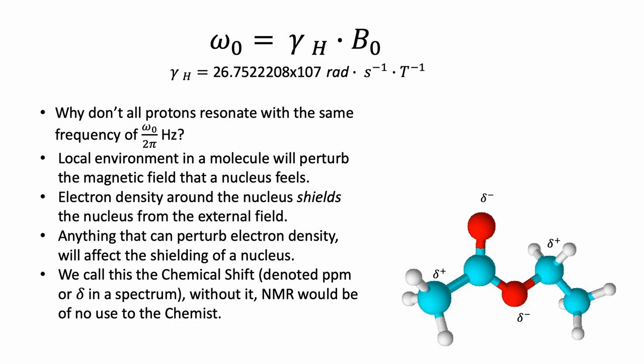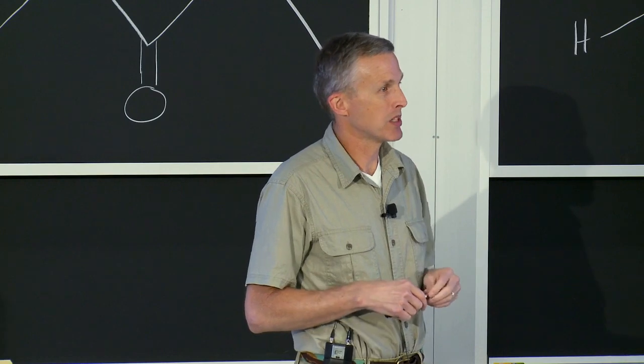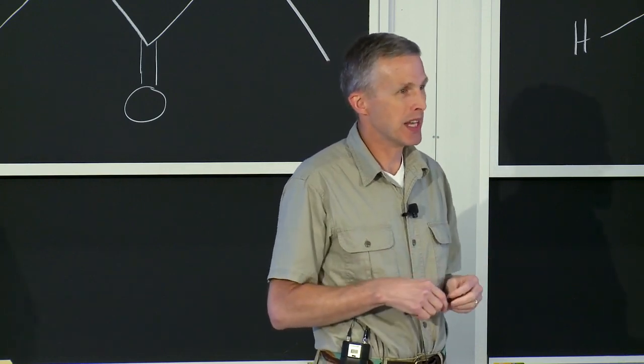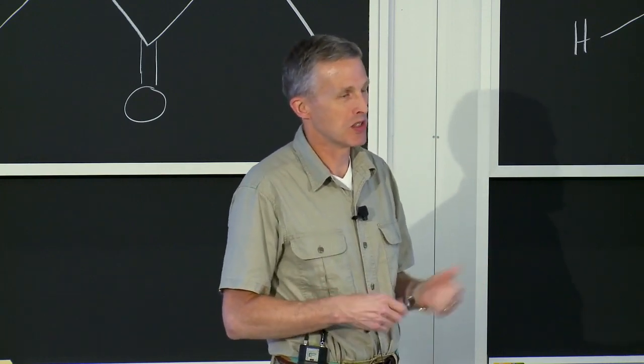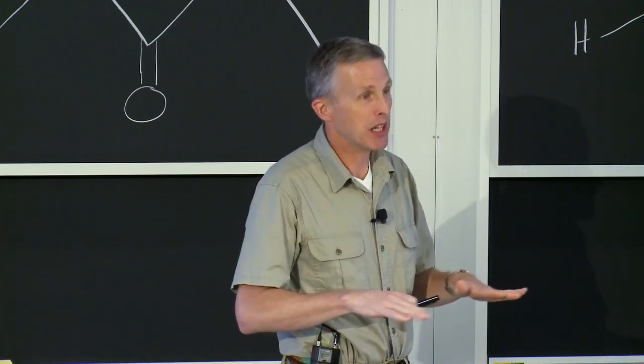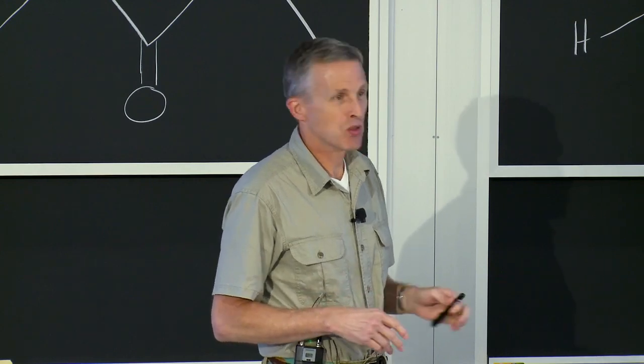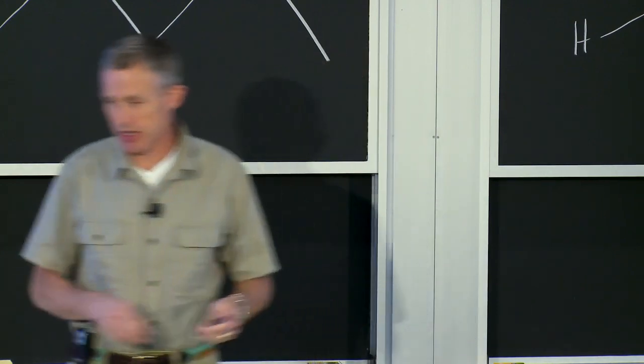In a benzene ring, you've got the clouds of electron density in those pi orbitals, and things that are directed into that will be more shielded. Things that are sticking off the ring in the plane will be de-shielded. So all these things combine together to spread out what's in your spectrum.